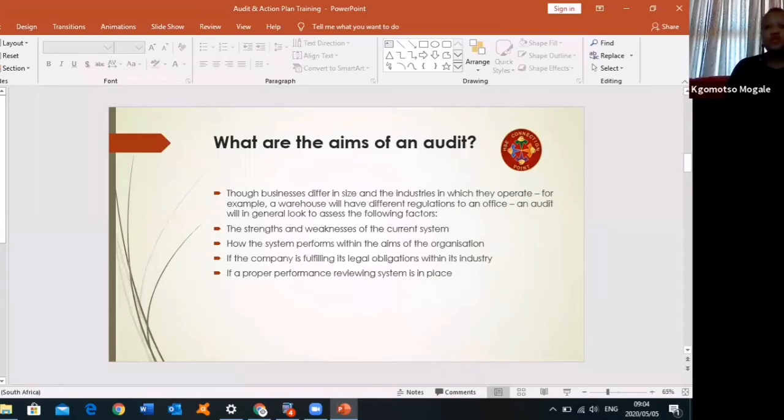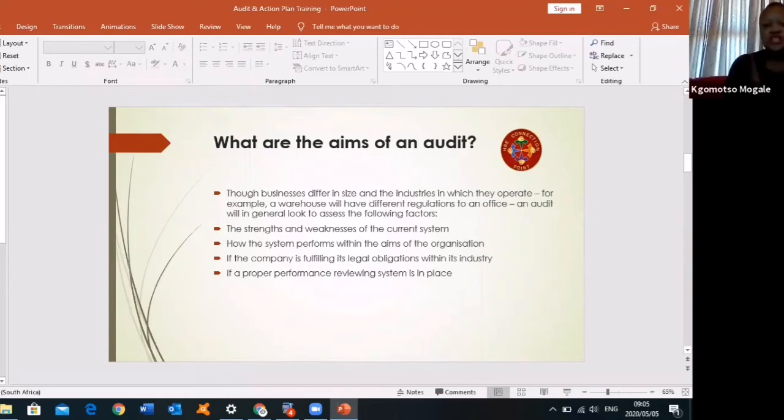We know that we work in different industries, but at the end of the day, the regulations must be upheld. We know construction will differ from mining regulations, but at the end of the day, the audit is aimed at assessing the following factors: the strengths and weaknesses of the current system. We check if the system that we have is working for us.